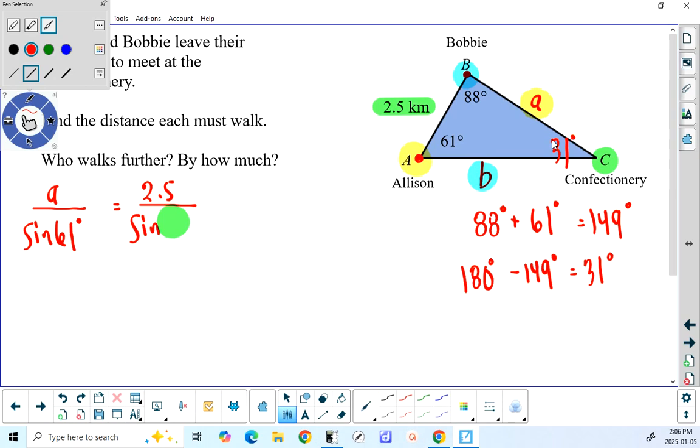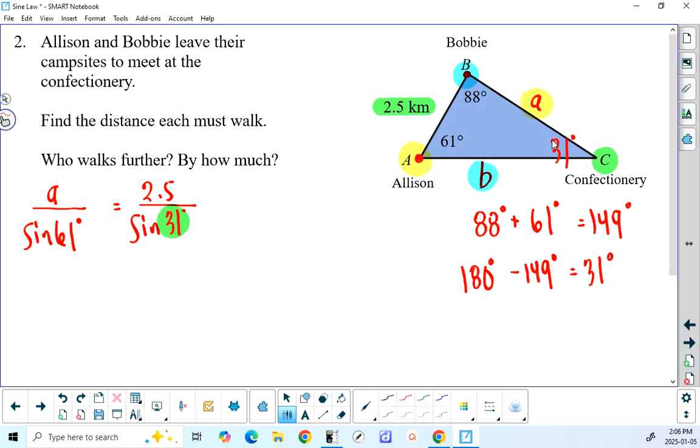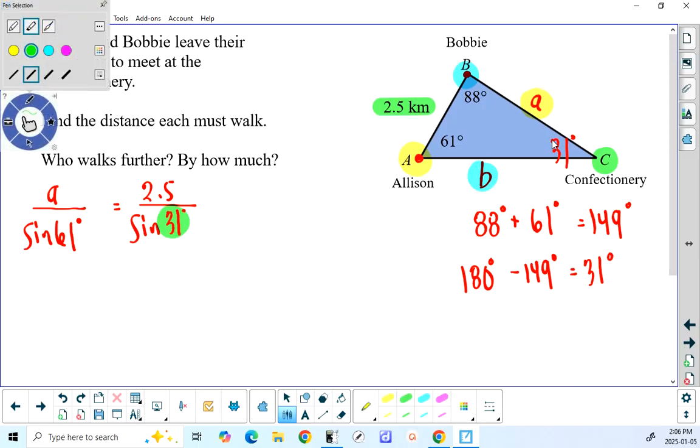And now we can complete this, because now we have a pair. We know the green pair. And in terms of the yellow pair, we're trying to find half of it.